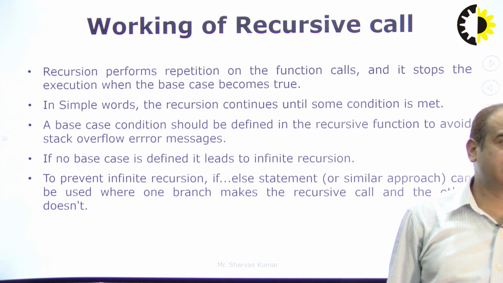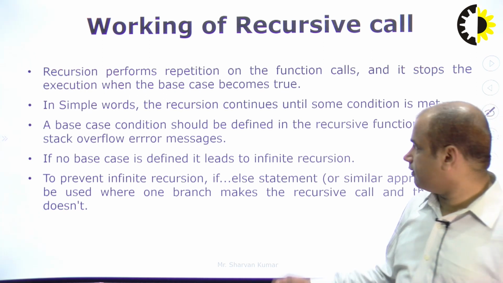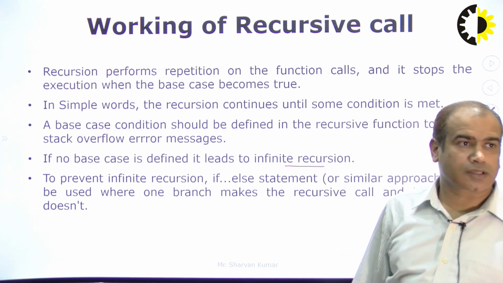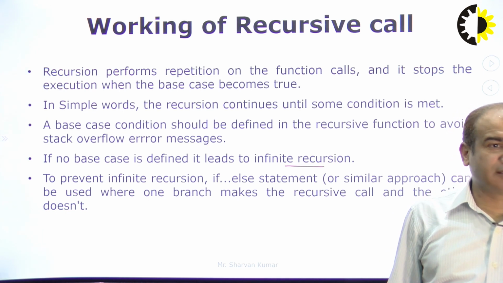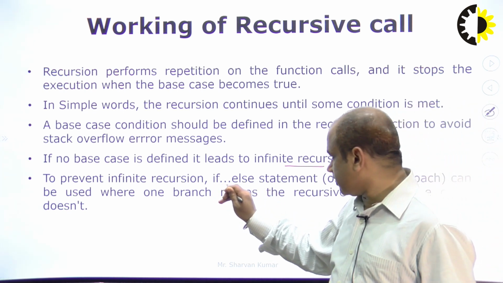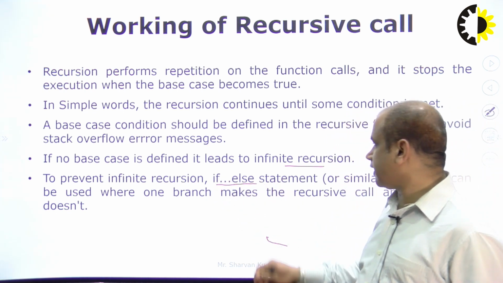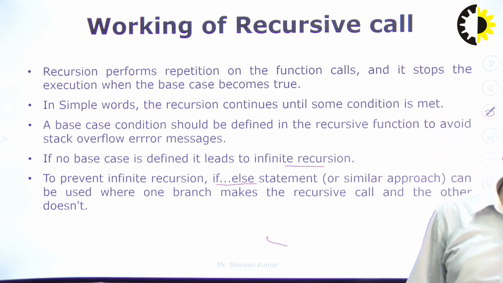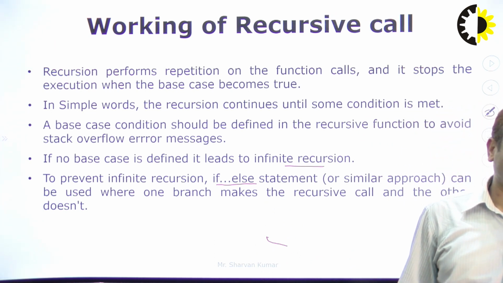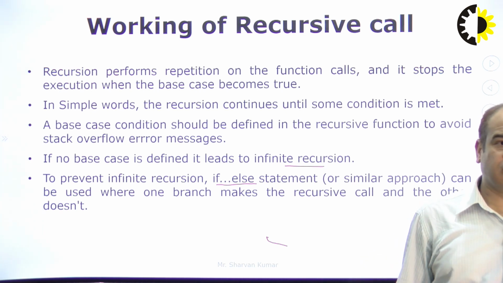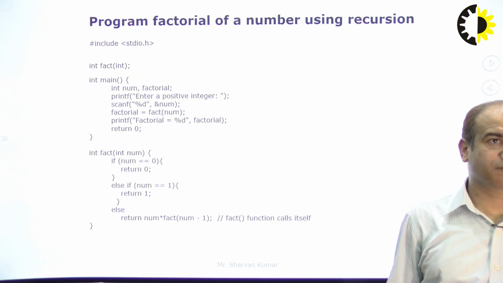If no base case is defined, it leads to infinite recursion. To prevent infinite recursion, the most important thing is that a control statement, that is an if else statement, will be there.